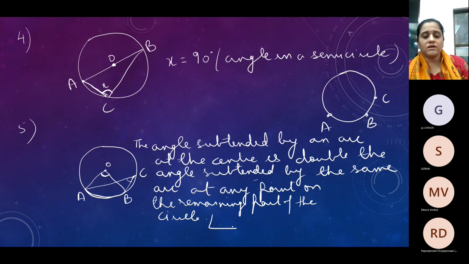So in this figure, angle AOB is equal to twice angle ACB.